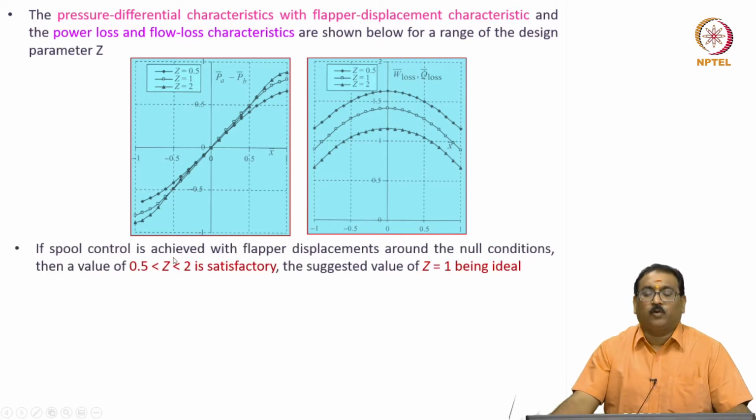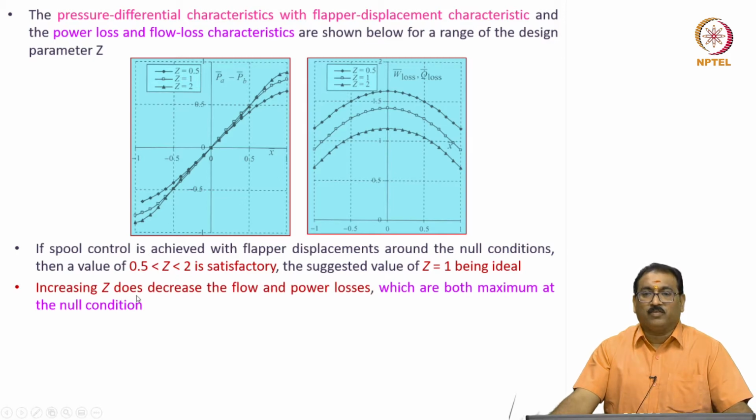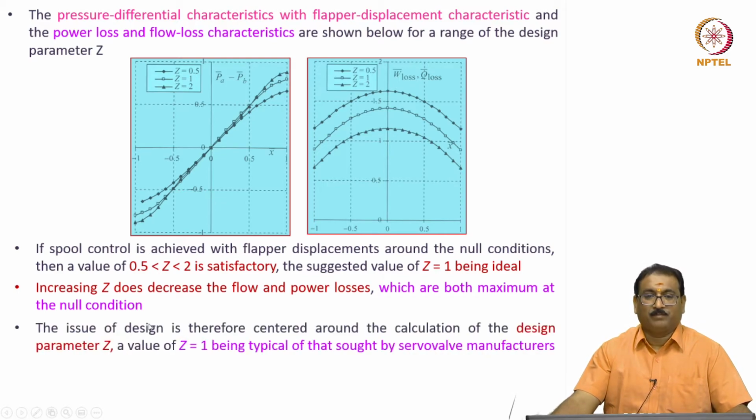If the spool control is achieved with flapper displacement around the null conditions, then a value of Z greater than 0.5 or less than 2 is satisfactory. The suggested value of Z equal to 1 is ideal. Increasing Z does decrease the flow and power losses, which are both maximum at the null condition.